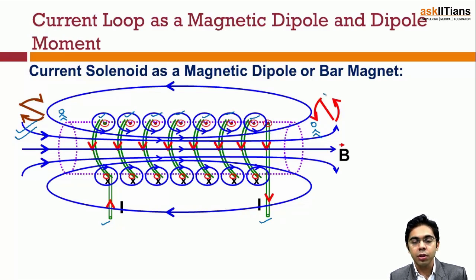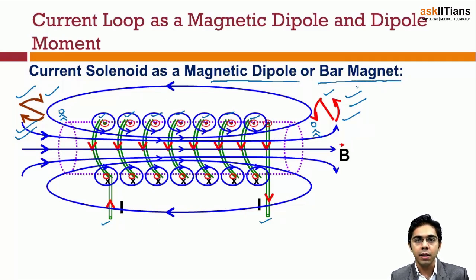Therefore this side of the solenoid will act as the north pole. So this solenoid will also act as a magnetic dipole, equivalent to a bar magnet. Okay, now let's proceed towards the examples.